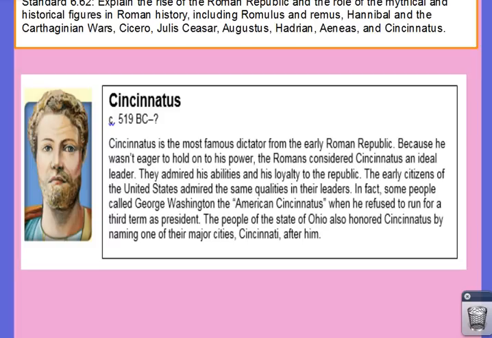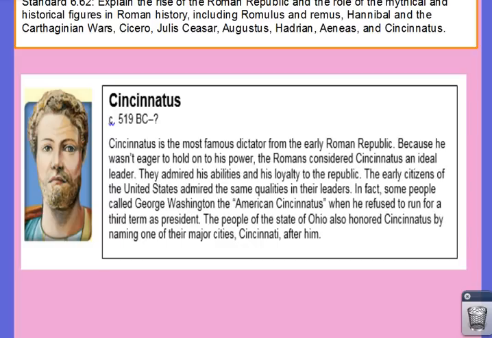So Cincinnatus was admired because he did what was called his civic duty. That is the idea that citizens have the responsibility to help their country. And he did that. He helped his country. So the Romans considered Cincinnatus to be an ideal leader. They admired his abilities and his loyalty to the Republic, and the early citizens of the United States admired the same qualities in their leaders.